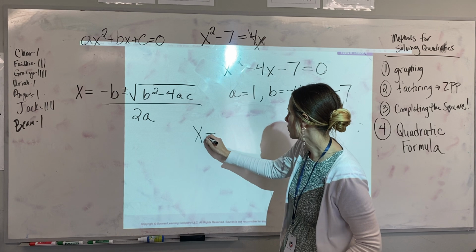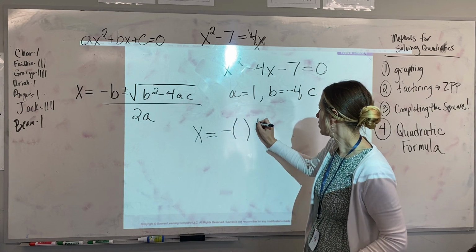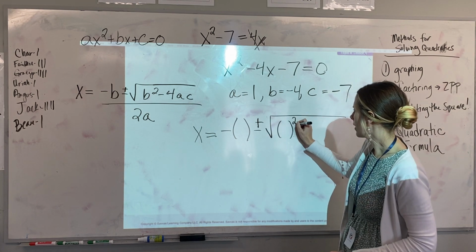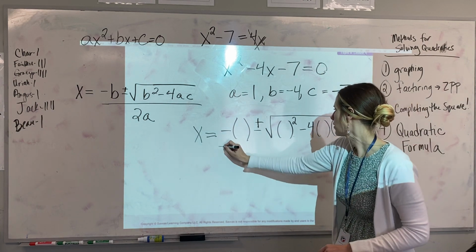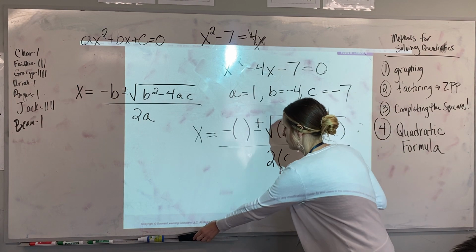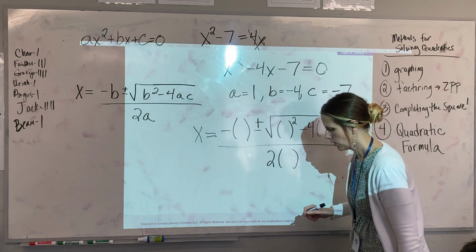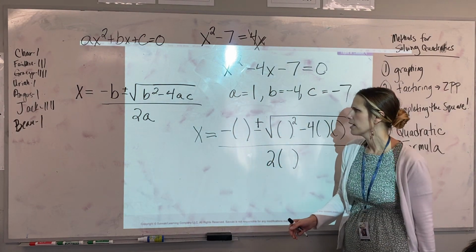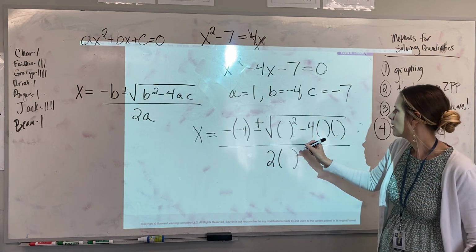So I'm gonna do X equals negative blank plus or minus the square root of blank squared minus 4 times blank over 2 times blank. Now I'm gonna fill them in. My first blank is a -4. So it'd be positive.